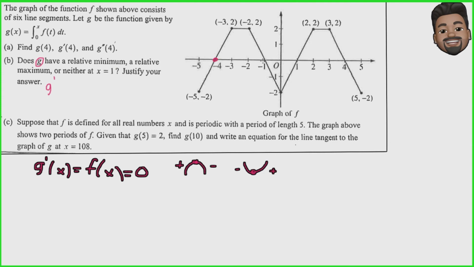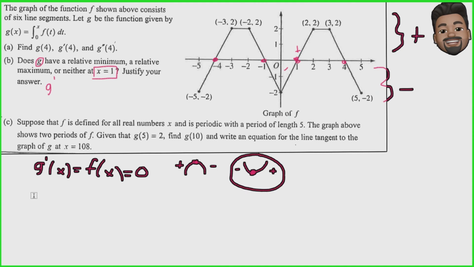It has it here, here, here, and here. But notice that it's not asking about all 4 of them. It's asking specifically at 1. Anything down here is negative, and anything up here is positive. So at 1, this changes from negative to positive. This is a relative minimum.